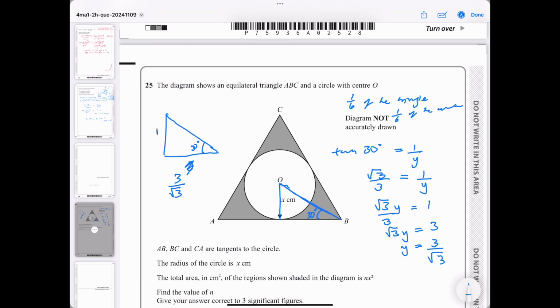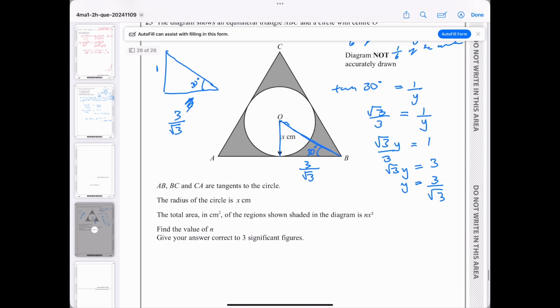So far, in this sixth of the triangle and the circle, I know that the half AB, this bit here, is 3 over root 3. And I'm not going to sort that out because I don't want to.